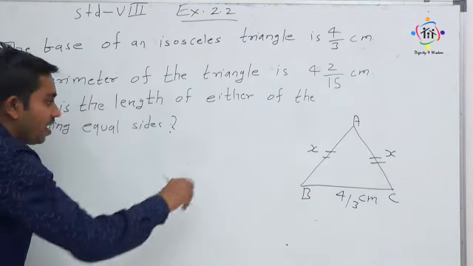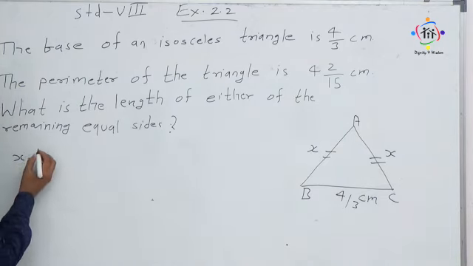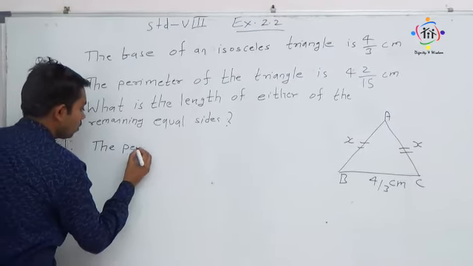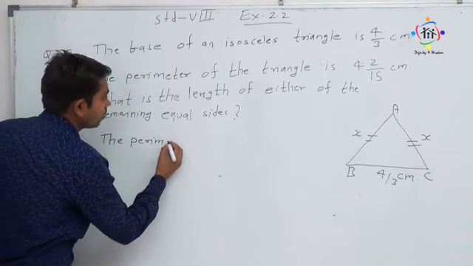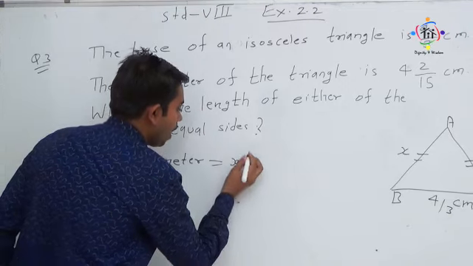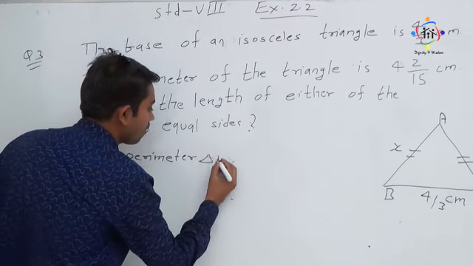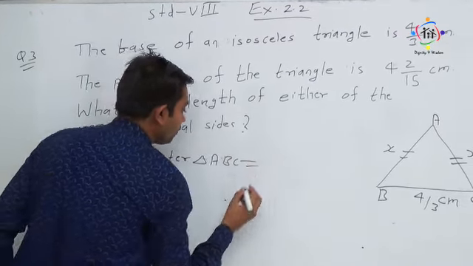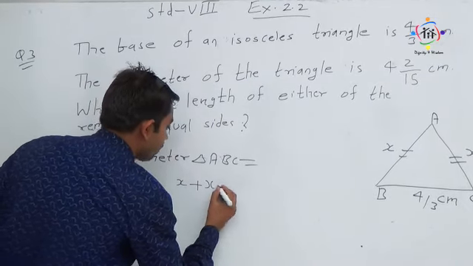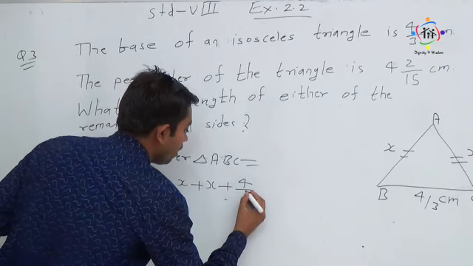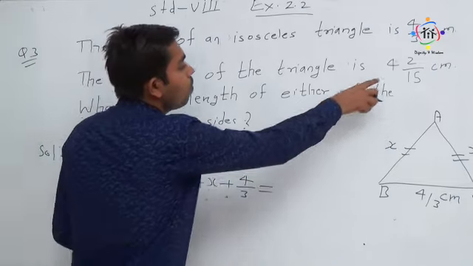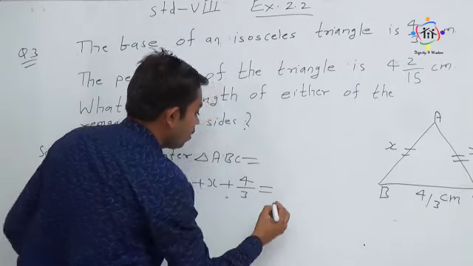The sum of all sides is equal to the perimeter of triangle ABC: x plus x plus 4 by 3, and its perimeter is given as 4 2 by 15.